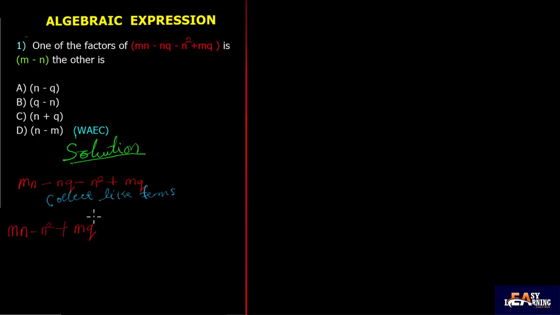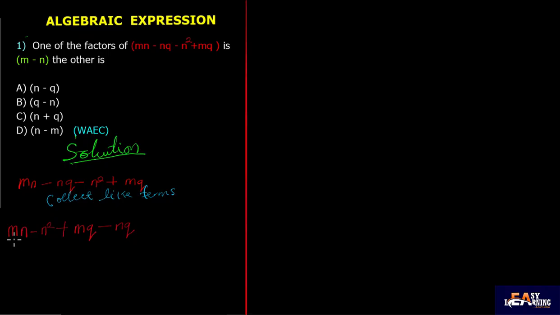After mq, the next one will be minus nq. So we've been able to collect like terms, and we are going to go ahead and factorize.